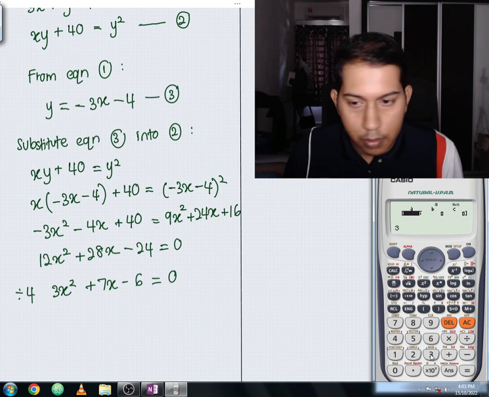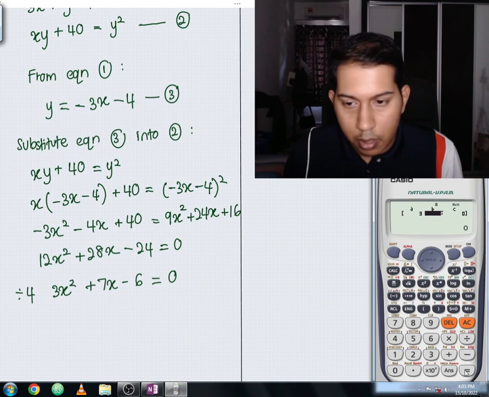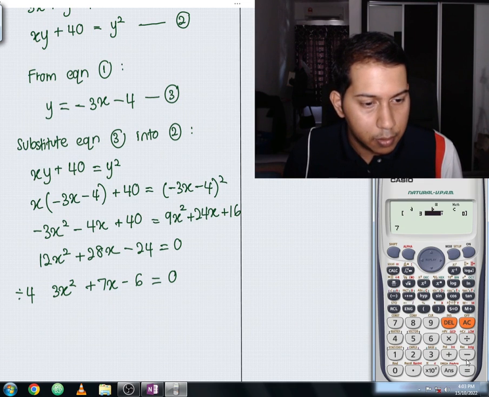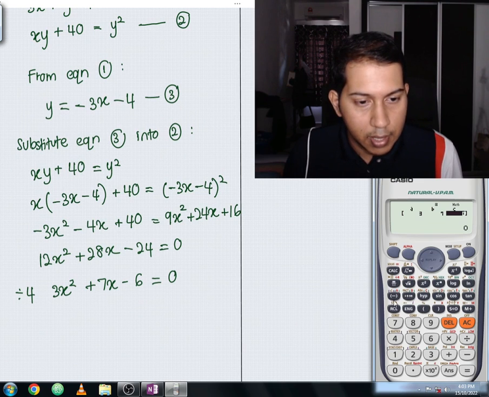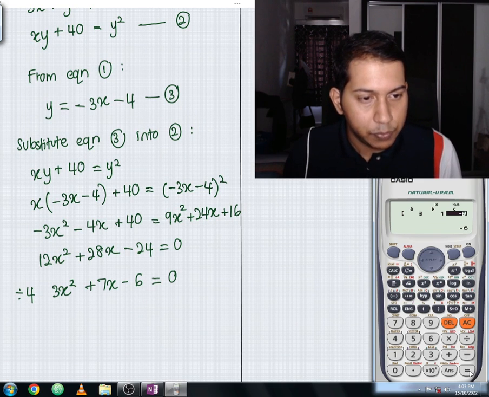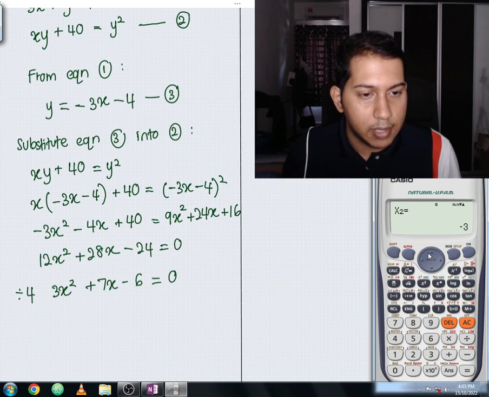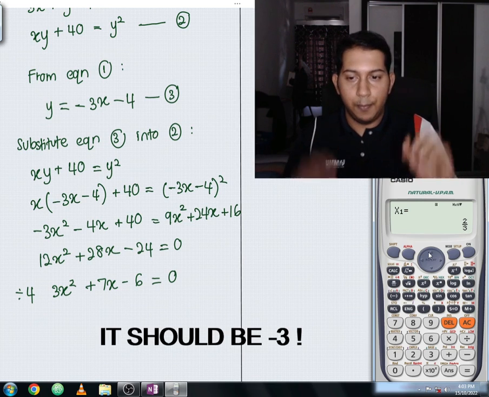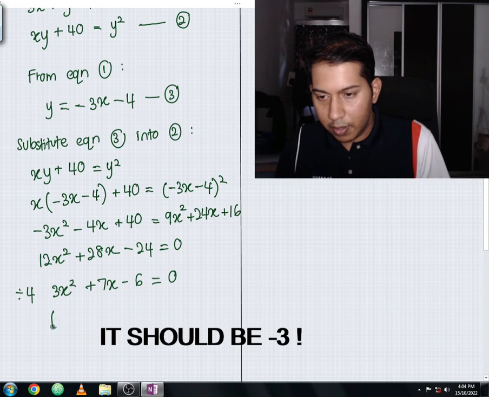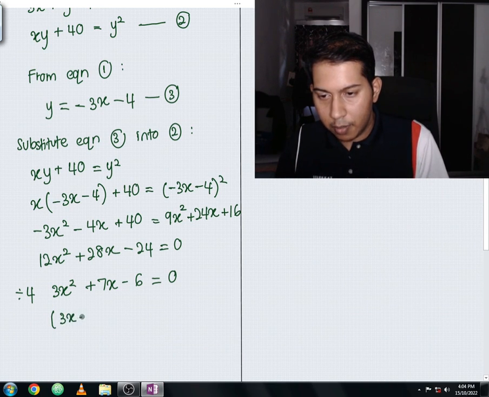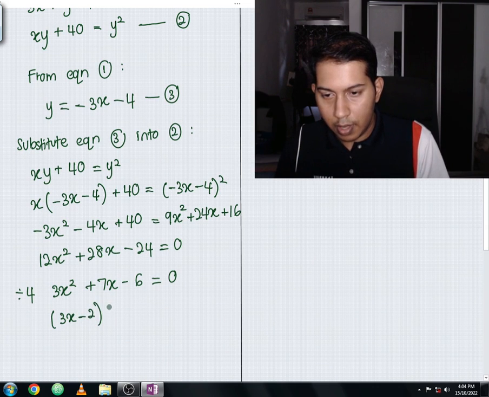So coefficient A is 3, coefficient B is 7, coefficient C is negative 6. So you solve this, you get x1 is equal to 2 over 3 and x2 is equal to negative 3. Okay, so from here (3x minus 2)(x plus 3) equals to 0.